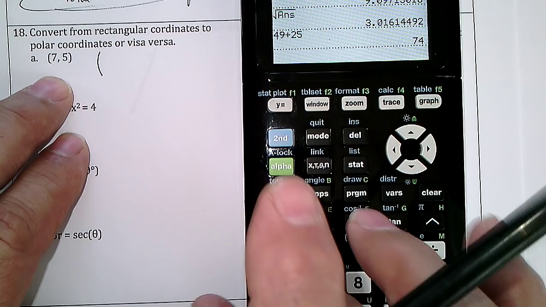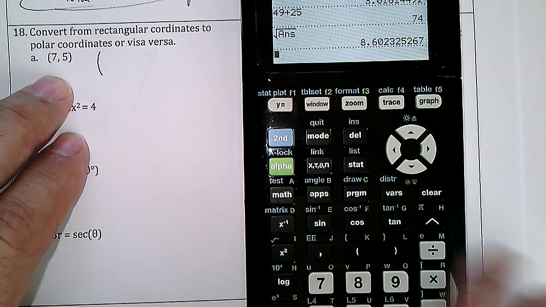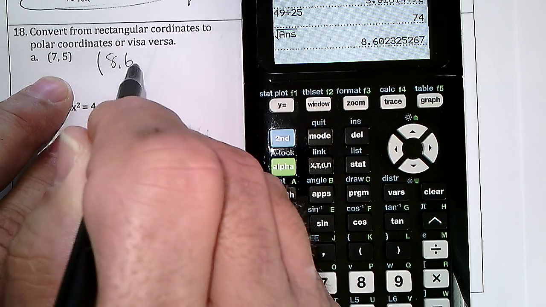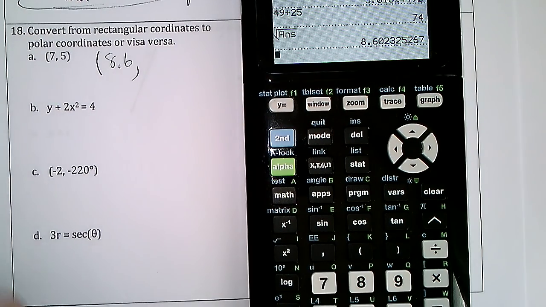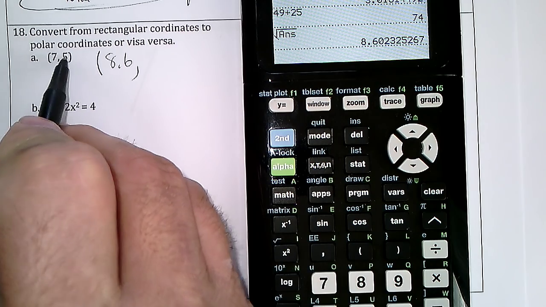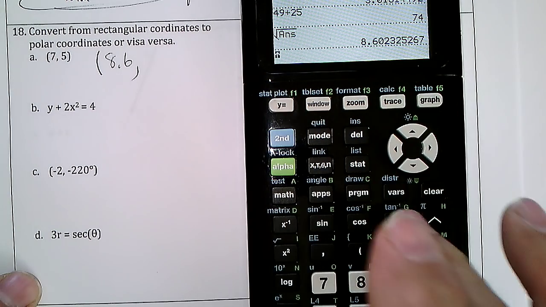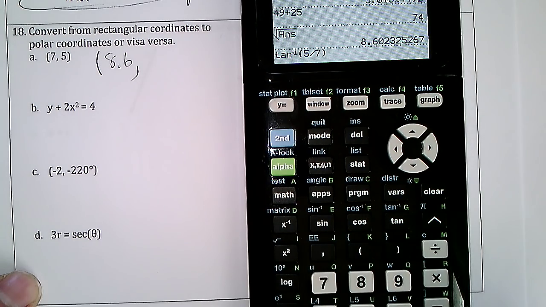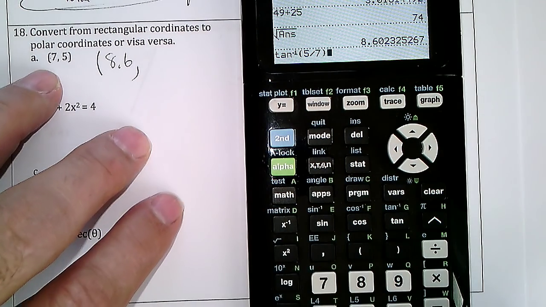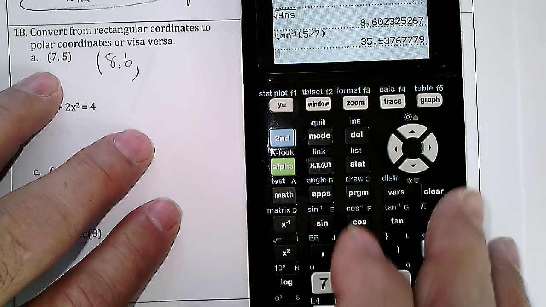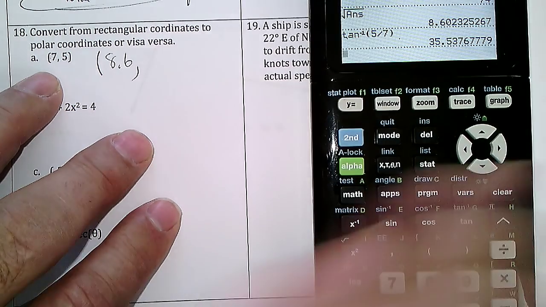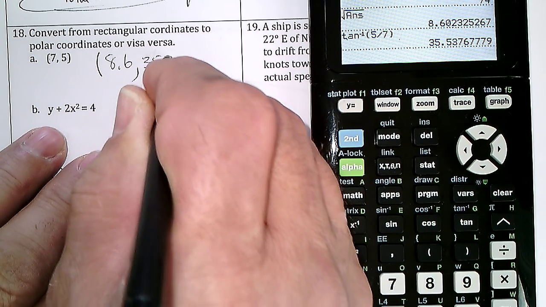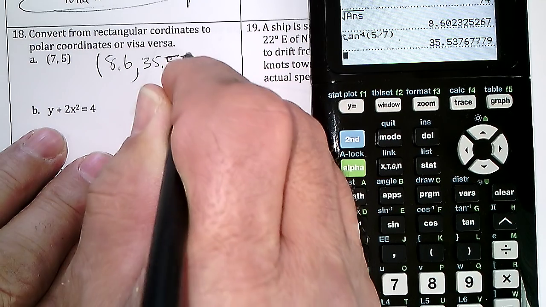And take the square root of that answer, and the radius is 8.6, and the angle is tangent inverse of y over x. So it's going to be tangent inverse of 5 divided by 7. And do I need to add 180? The x is positive, so nope. And so the angle is 35.35 degrees. 5.3 degrees.